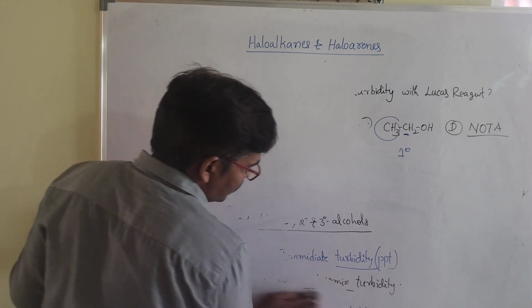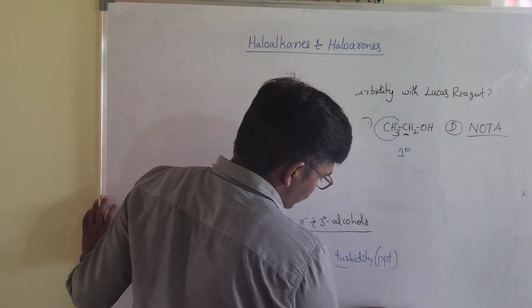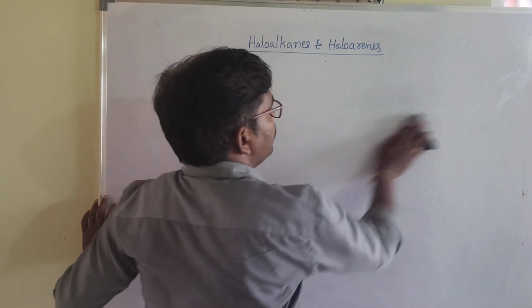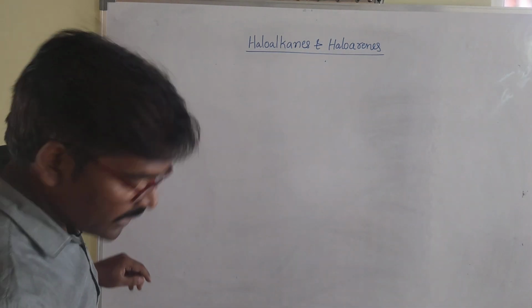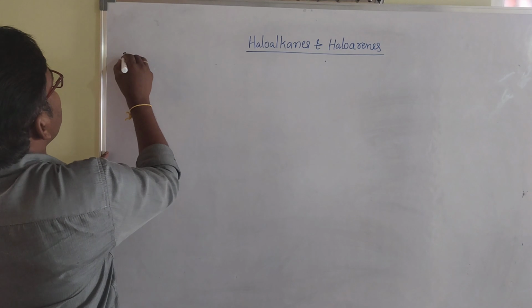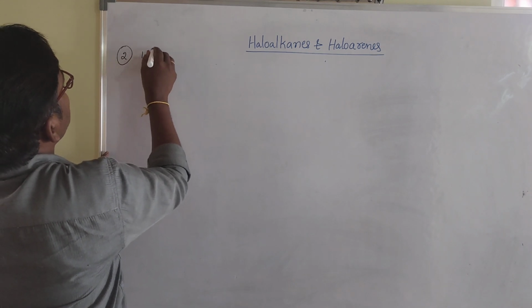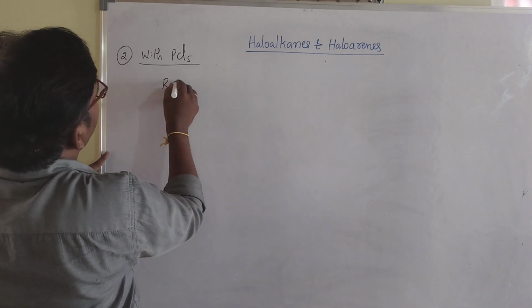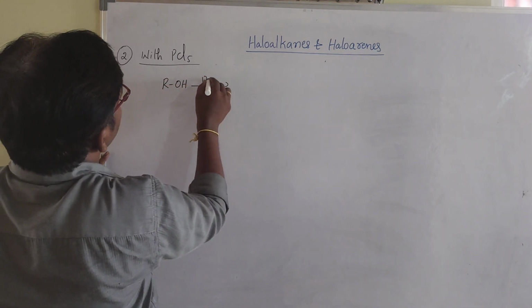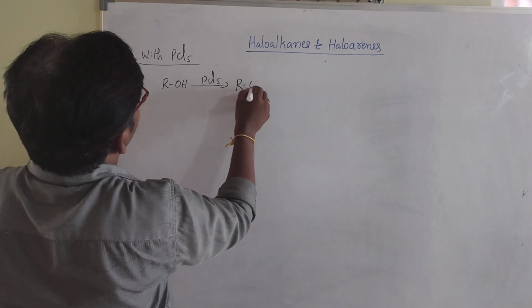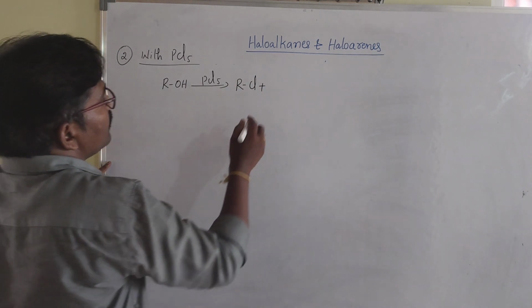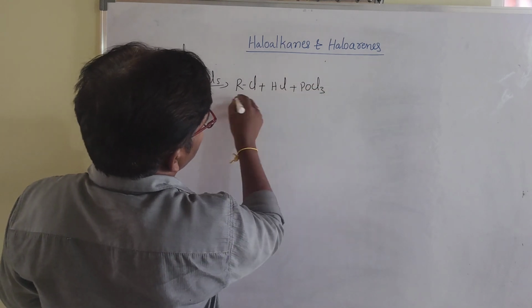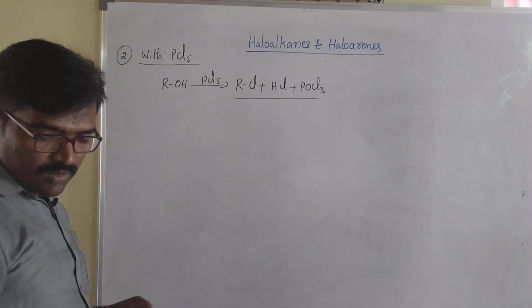We are using 4 reagents. First we used Lucas reagent, then the second reagent is PCl5. When an alcohol reacts with PCl5, R bond Cl is formed, nothing but a haloalkane. Then HCl is formed, then POCl3 is formed. These are the byproducts. Okay, sir.